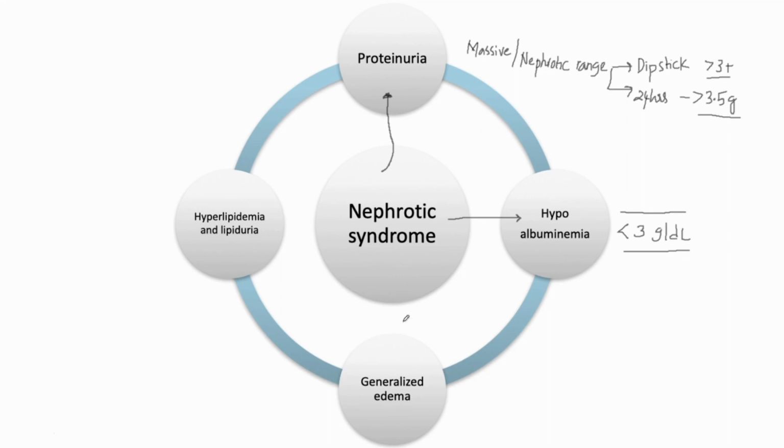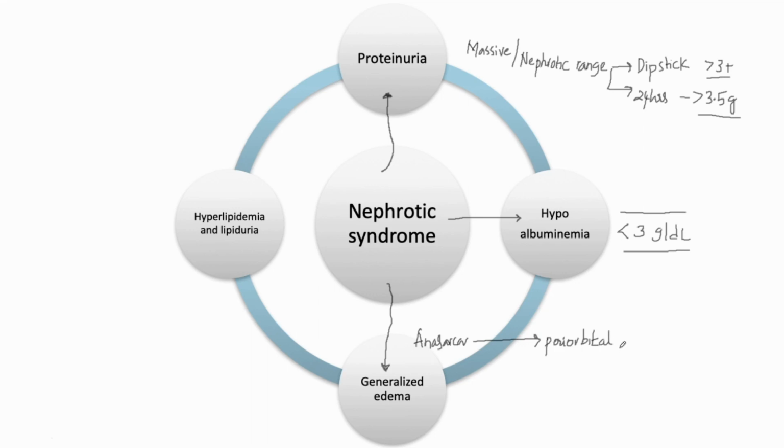But what you need to remember is the third and important component of nephrotic syndrome is the development of generalized edema. We also call it anasarca. But in exams, in MCQs, they'll mention it like this: the patient will have pedal edema and also periorbital puffiness, very important, in the initial stages.